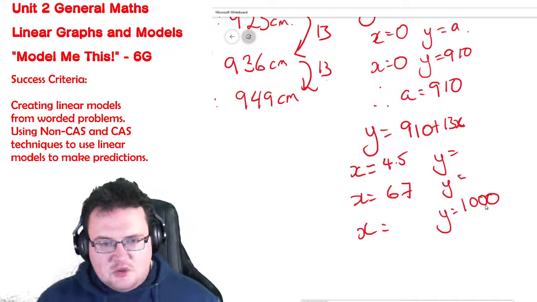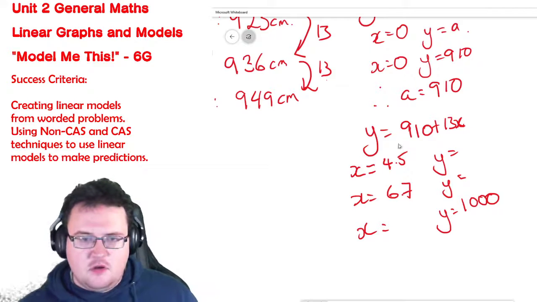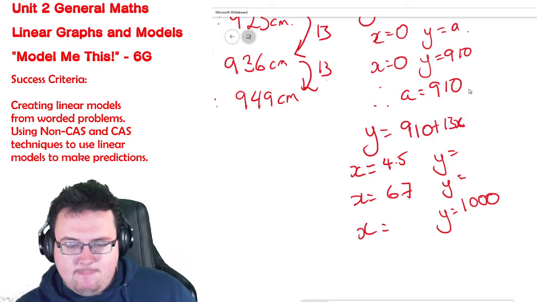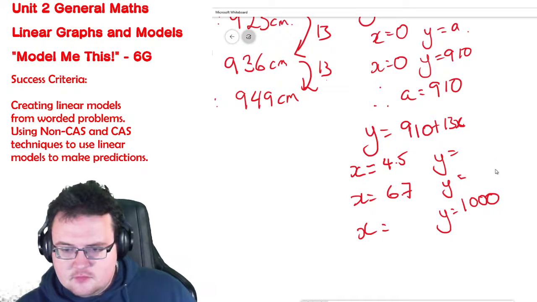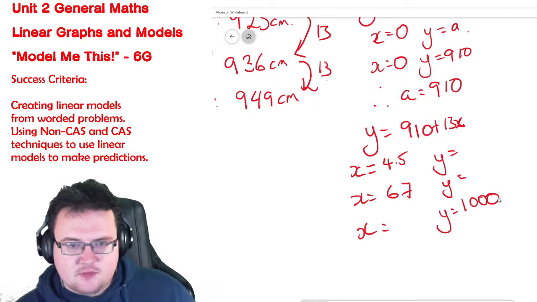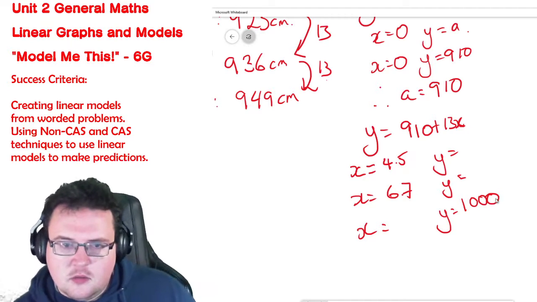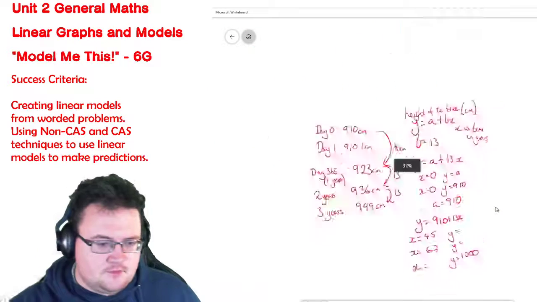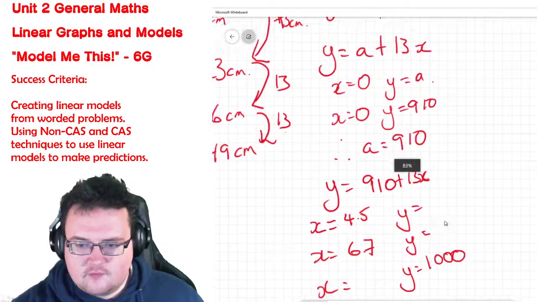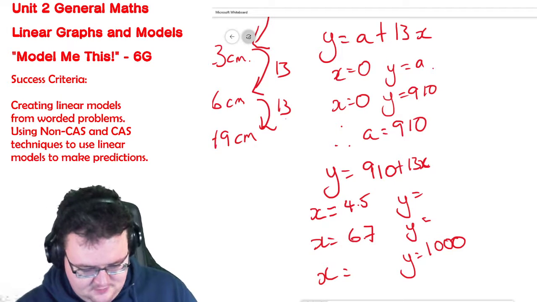All right. So when x equals 4.5, Casey, you've said it is 968.5. Does anyone disagree with that one? Now remember, this is in centimeters. So it's 13 times 4.5 plus 910.